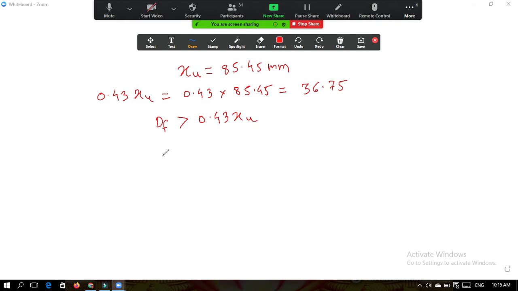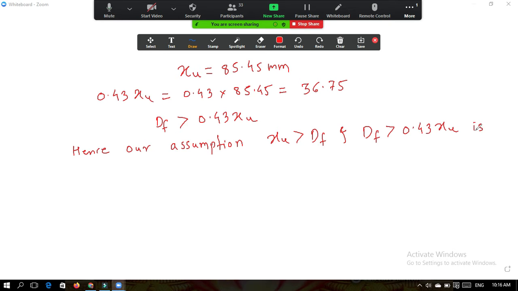Hence our assumption, that xu is greater than df and df is greater than 0.43 xu, is correct.